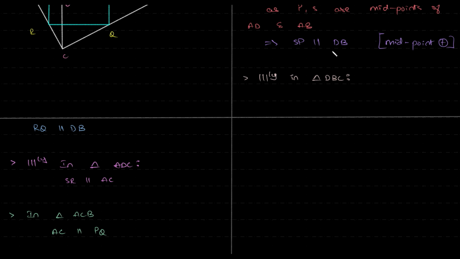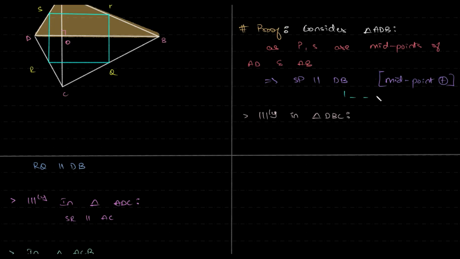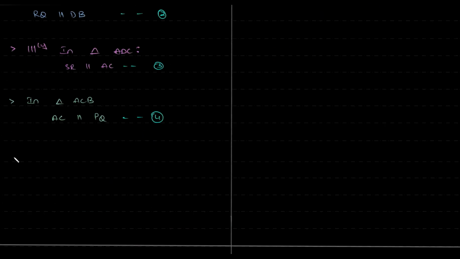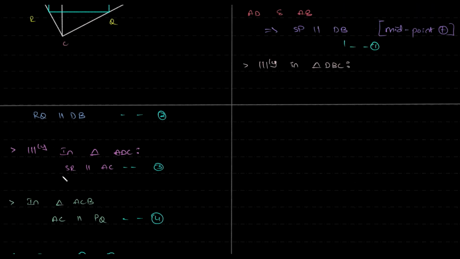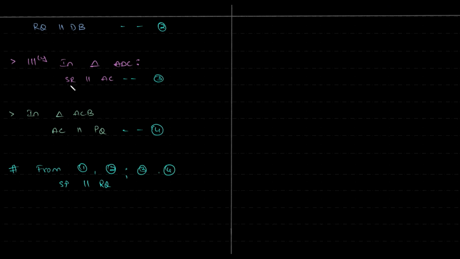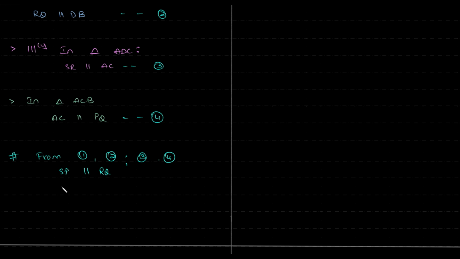So from 1, 2, 3 and 4, what can we conclude? From 1 and 2, we can conclude that SP is parallel to RQ, and from 3 and 4 we can conclude that SR is parallel to PQ.